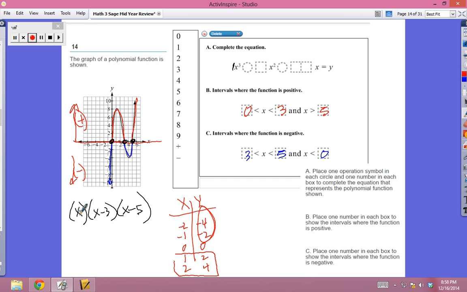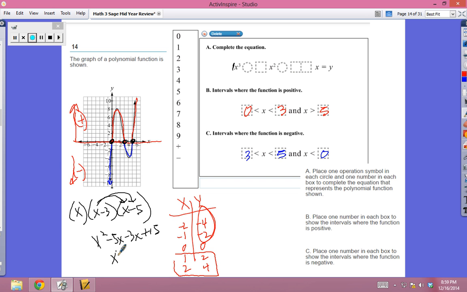So this polynomial will give you these 3 zeros, because when I plug in a 3, 3 minus 3 is a 0. When I plug in a 5, 5 minus 5 is a 0. When I plug in 0, 0 creates a 0. So I'm going to multiply these two first. x times x is x squared, minus 5x, minus 3x, plus 15.